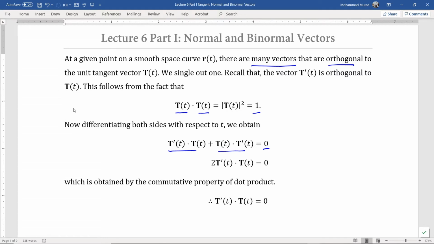Now, since the dot product commutes, we can write T dot T prime as T prime dot T. So we have two terms of T prime dot T. Therefore, we have this equation.